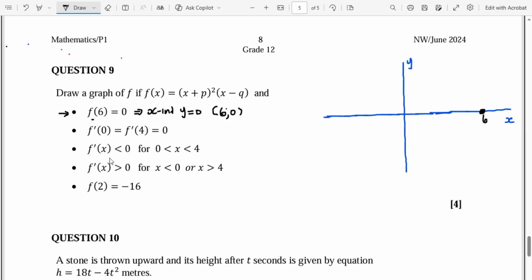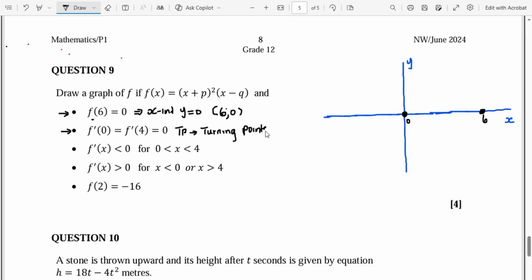Okay, the next point. Remember, the f prime is what we use to find the derivative. So I'm going to have the derivative at x equals 0. These are the TP, as in turning point.